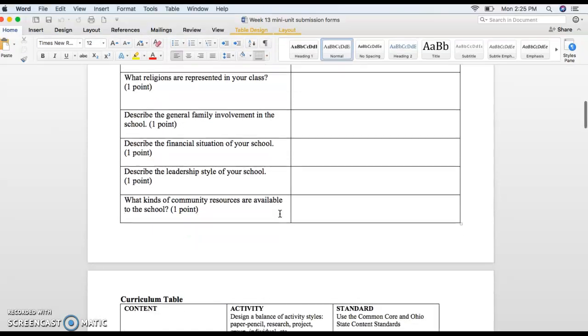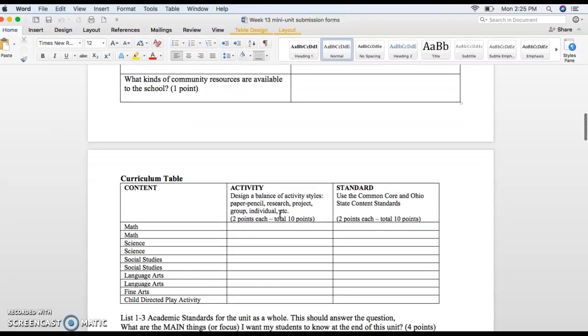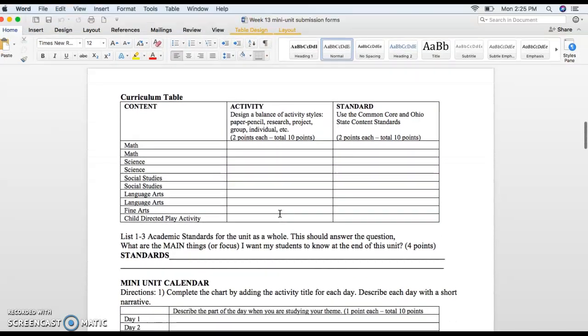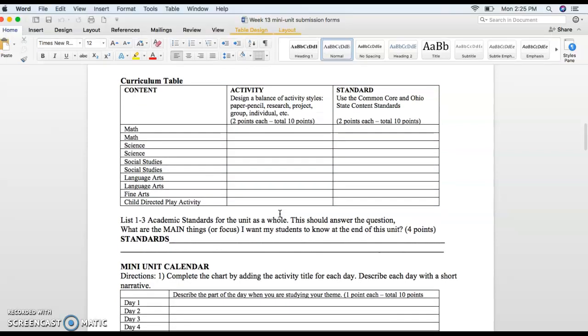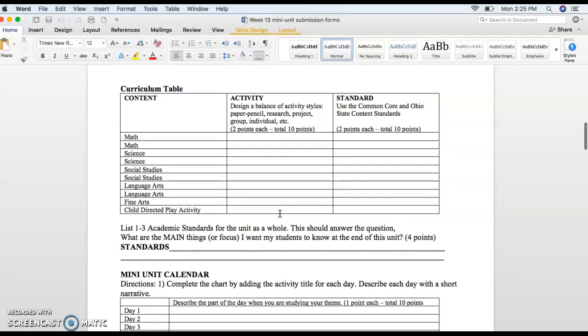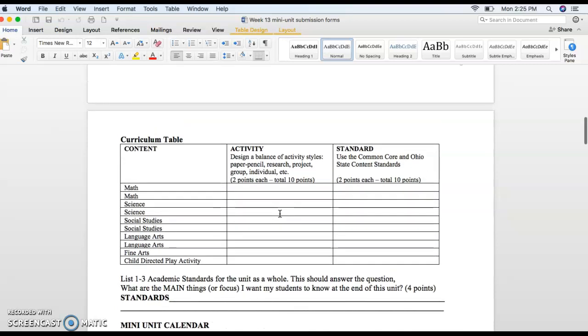You see that each thing that you have to do here is associated with a point. Here's a curriculum table where you have to design an activity, a balance of activity styles like paper, pencil, research, project-based, individual, and so on.